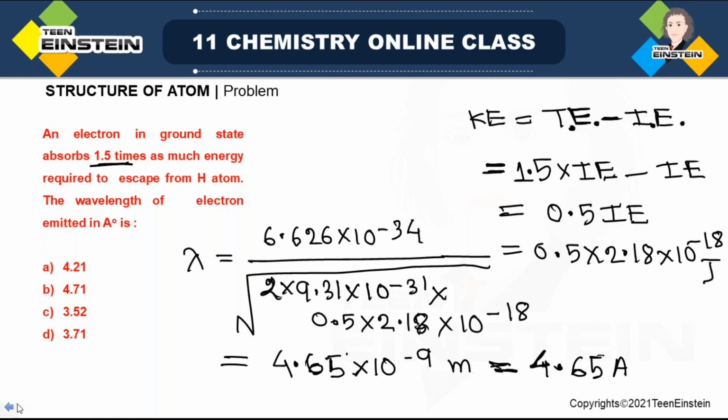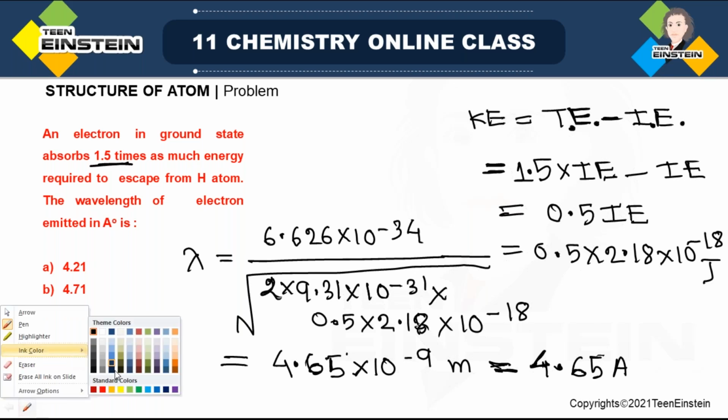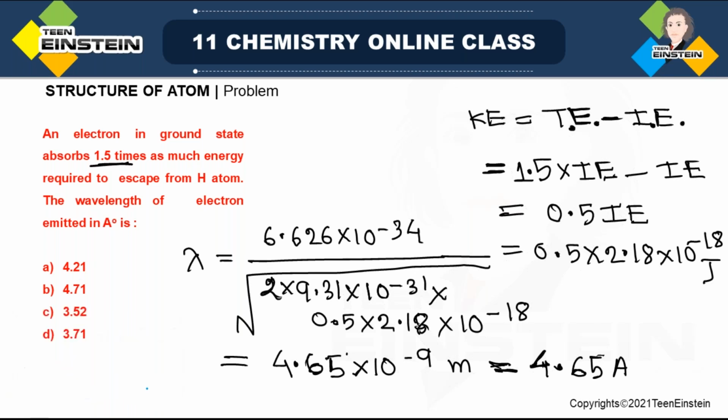So see, whatever I have said in the previous slide, now you can use. We know that total energy is equal to kinetic energy plus ionization energy. So I can write kinetic energy is equal to total energy minus ionization energy. And total energy absorbed is already given in the question as 1.5 times that of ionization energy. So in place of total energy, I can write 1.5 into ionization energy minus ionization energy.